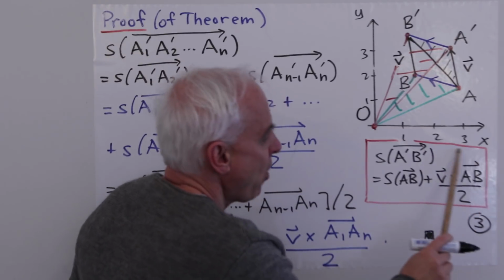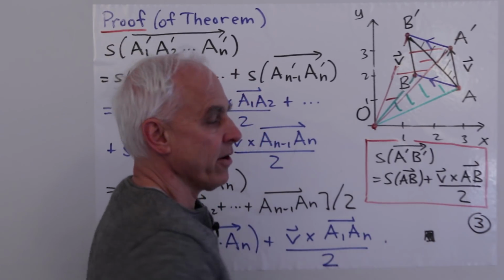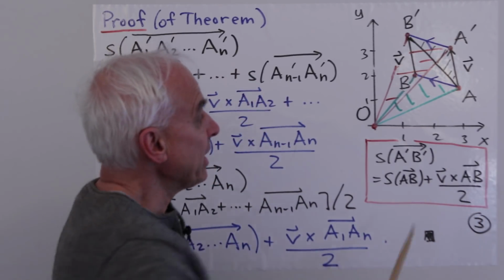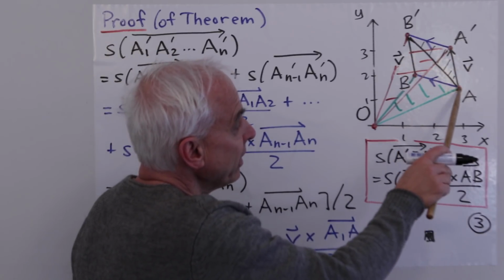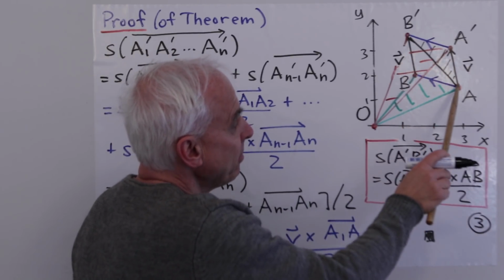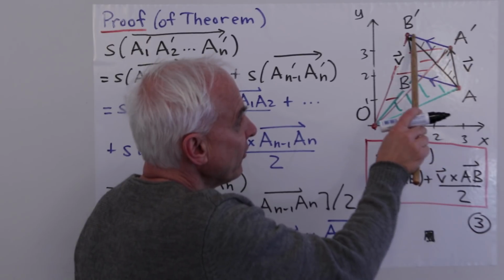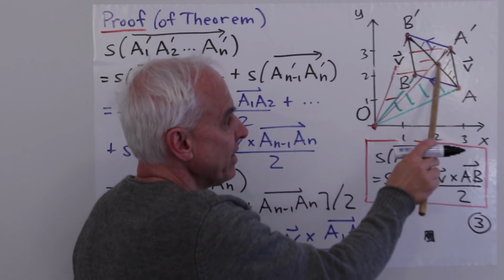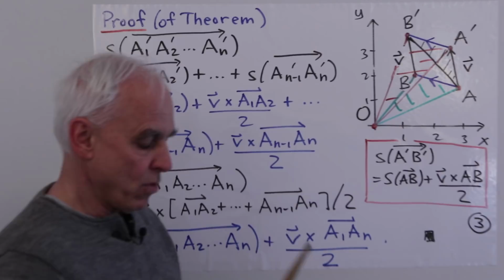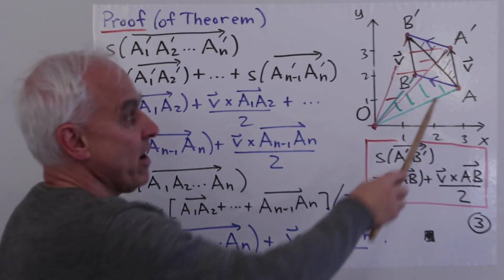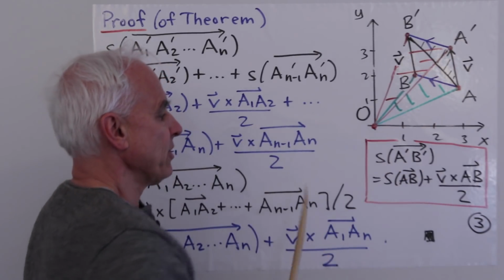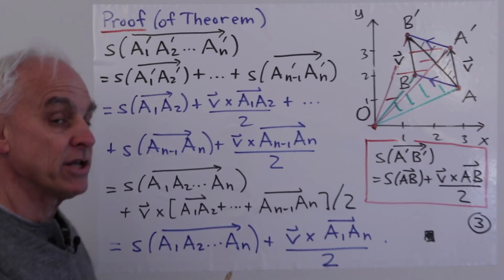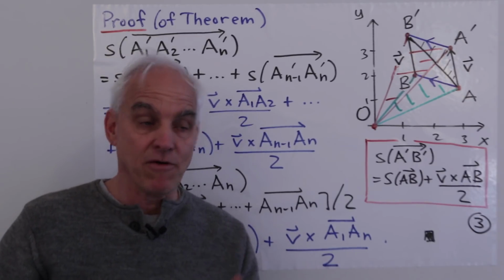And so this quantity that we're adding here is exactly the signed area of this oriented triangle, because V cross A prime B prime is another way of expressing what that signed area is, divided by 2. This cross this divided by 2. Okay, so now let's go to the theorem itself.